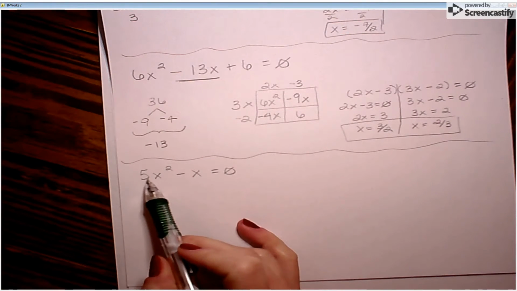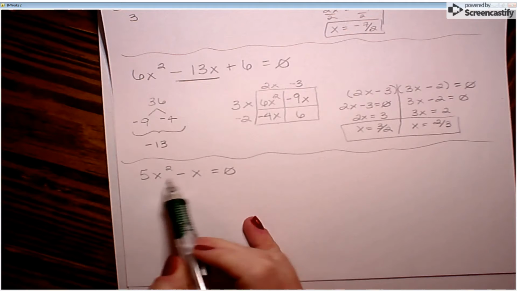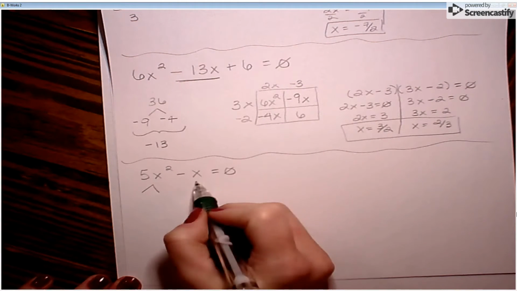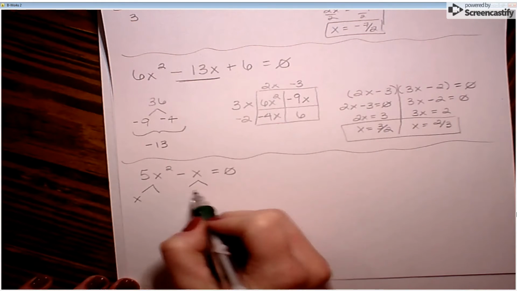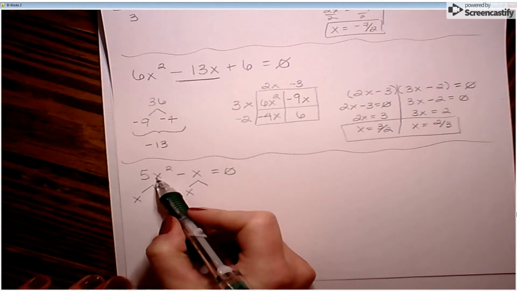The coefficients, I have a 5 and a 1. They don't have anything in common, but these both have x's. So if I factor out an x from each of these, I have to figure out what would be left to multiply to get back to that same term.